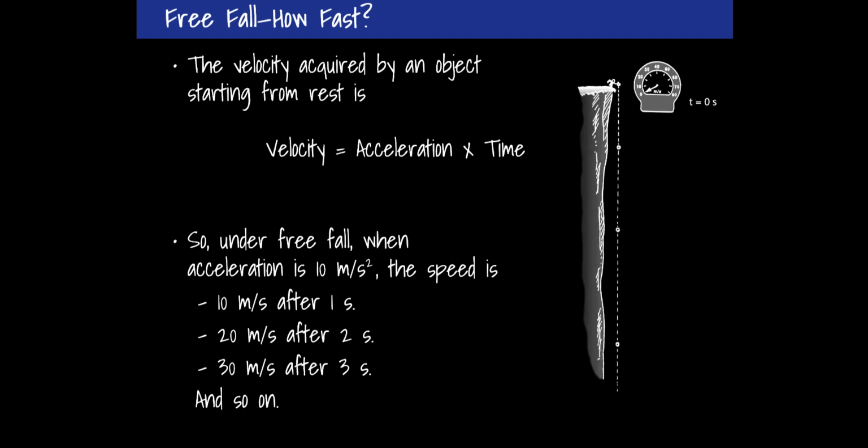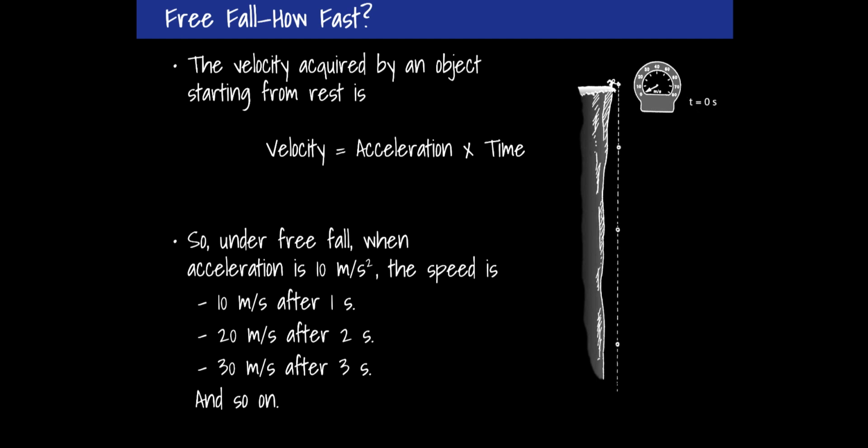In the next second, gravity will add 10 again. So it's 10 meters per second, 20 meters per second. And then in the next second, add 10 again, 30 meters per second.